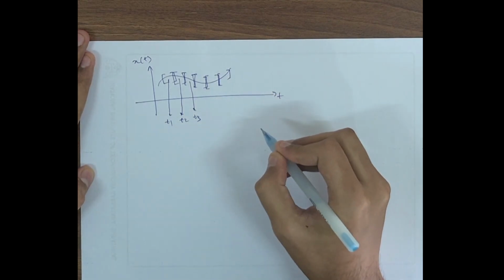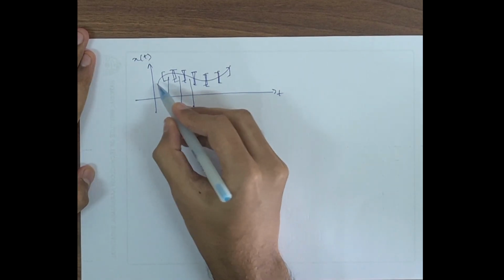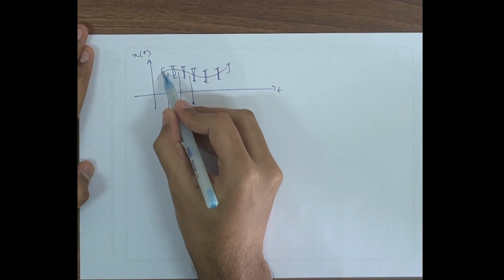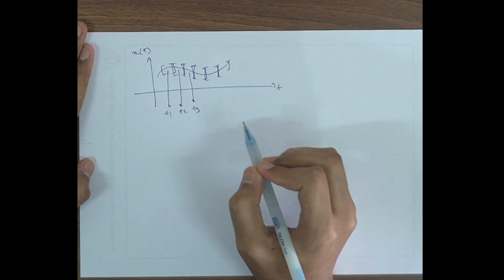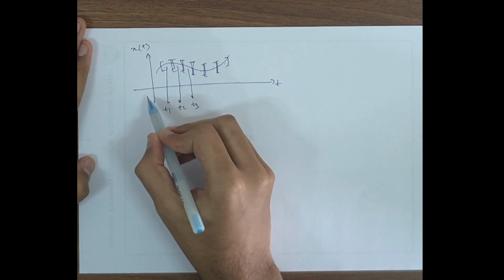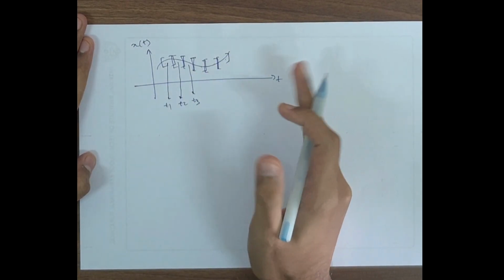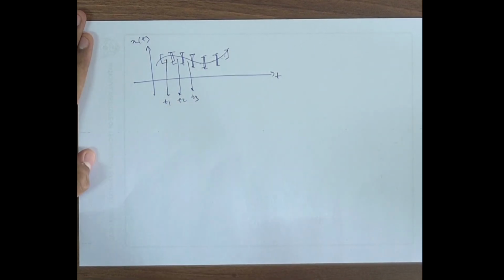Now I've sliced the signal into windows, and I'll take the fast Fourier transform of each of these windows. Earlier I was taking the fast Fourier transform of the entire signal, but now I'm chopping it into windows and taking the fast Fourier transform of these individual windows.